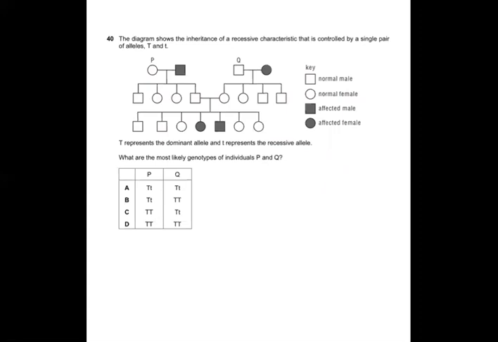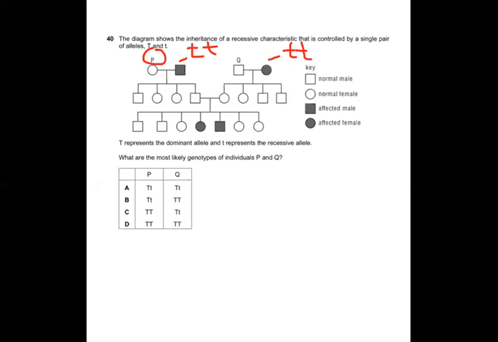Now P is a normal male, so P has the dominant phenotype, while the shaded box shows an affected male or female. So the affected male or female will have the genotype of small t, small t.